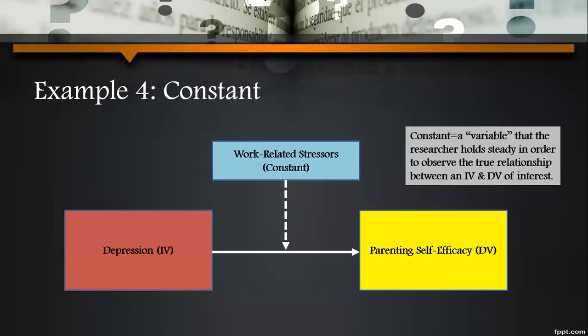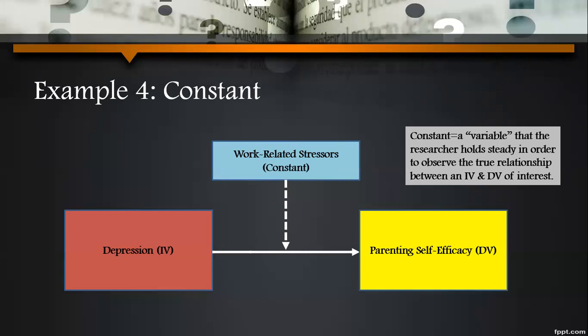And then finally, constants. Once we learn as researchers what variables could potentially be extraneous in our study, we control them or hold them constant. Any variable that we learn might be extraneous typically becomes a constant in our studies.